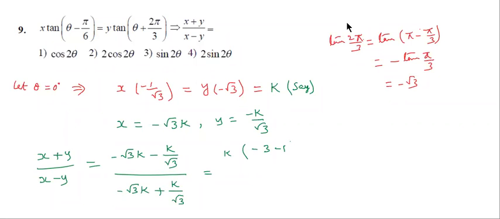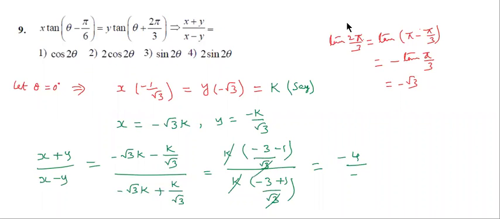Minus 3 minus 1 divided by k into minus 3 plus 1. Yes or no? Here also root 3, k cancels, root 3 also cancels. Overall we get minus 4 by minus 2, that is 2.